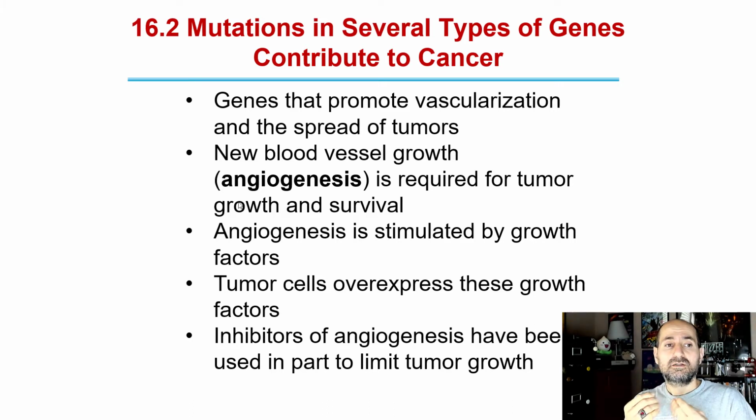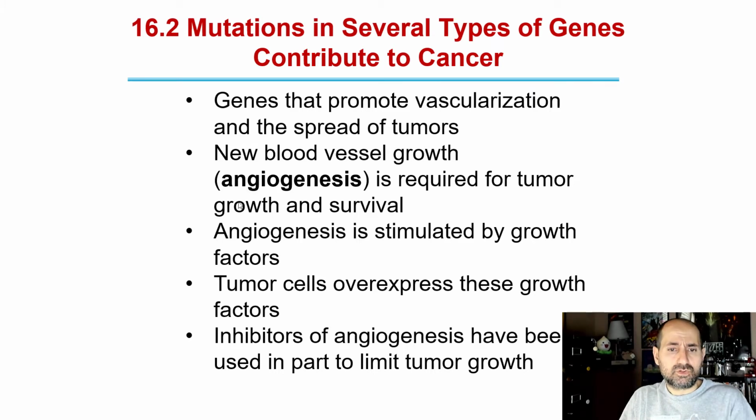So what's really interesting is that early researchers and doctors that were studying cancer would notice that when they removed tumors from patients, these tumors would be highly vascularized, meaning there were these weird blood vessels growing into the tumors from every angle that normally wouldn't be in that tissue.